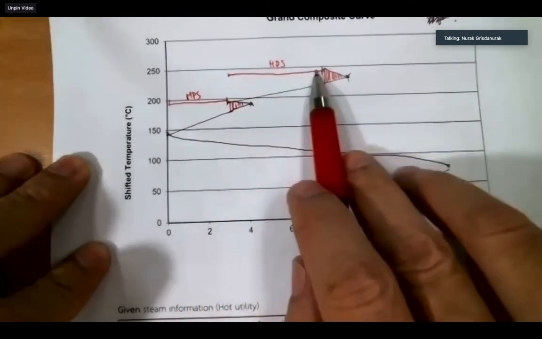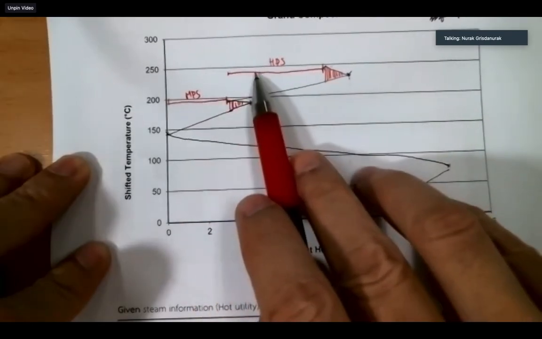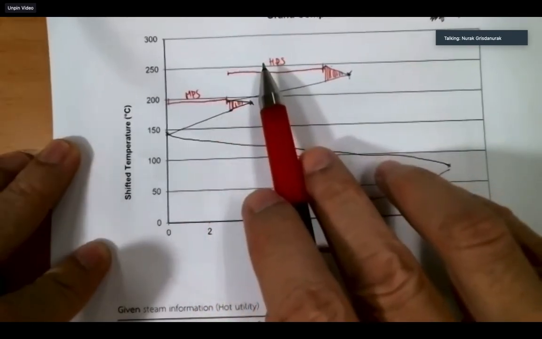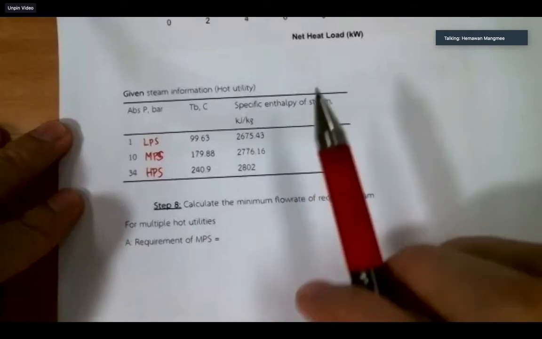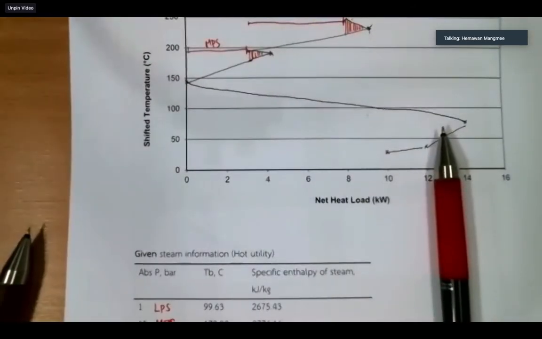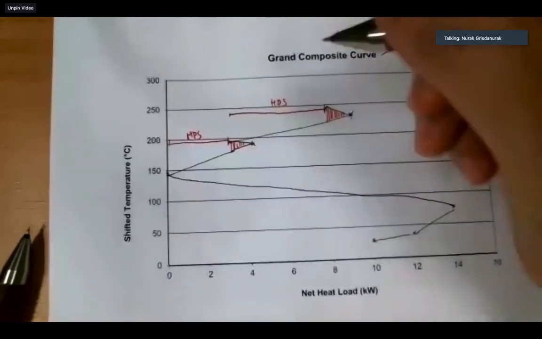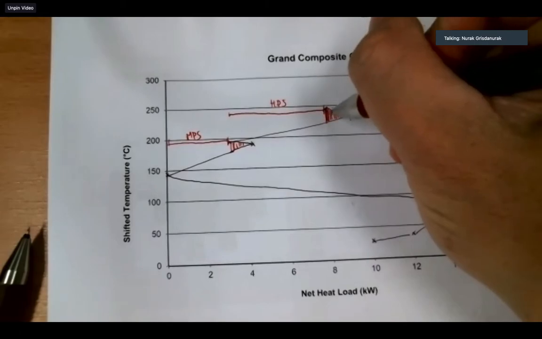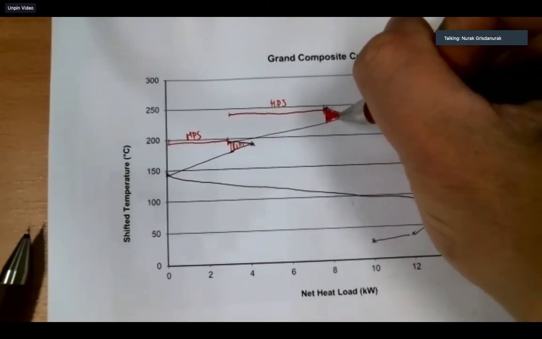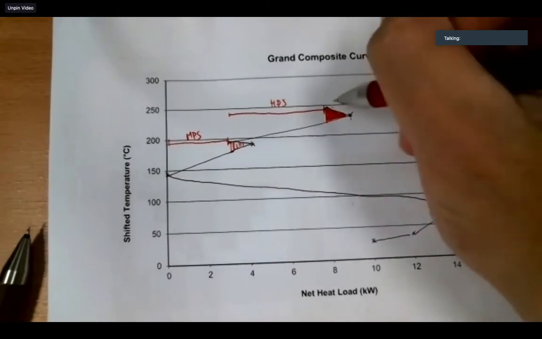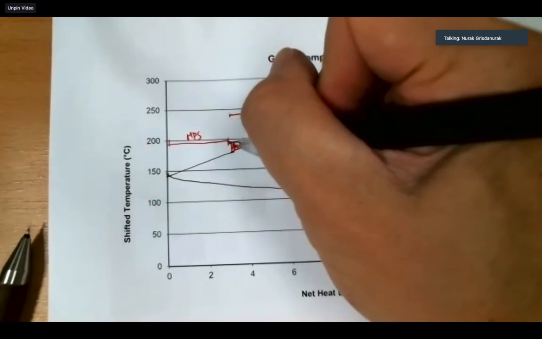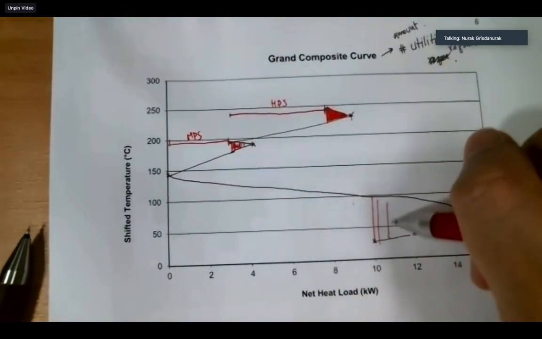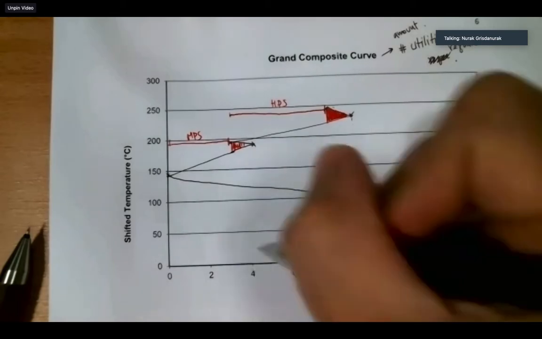This part is the one that you have to buy from outside or you have to make by yourself. อาจารย์คะ ขอทวนตรงนี้อีกรอบ ตรงนี้คือตรงที่เราสามารถแลกเปลี่ยนได้ภายในโปรเซสเราเอง.